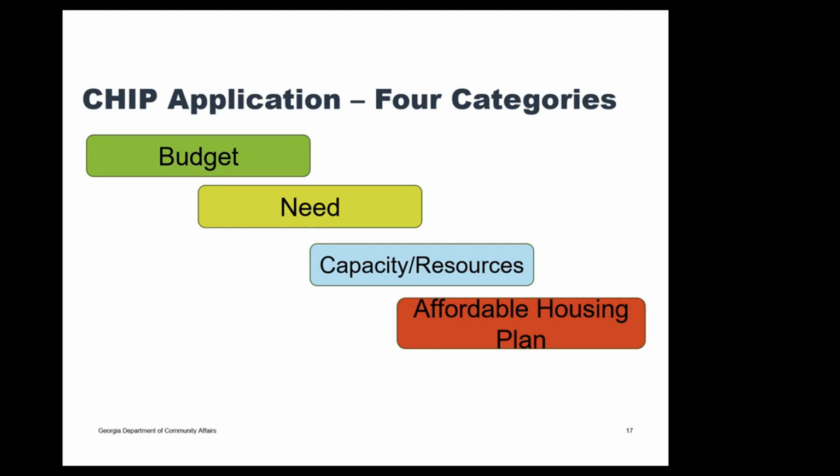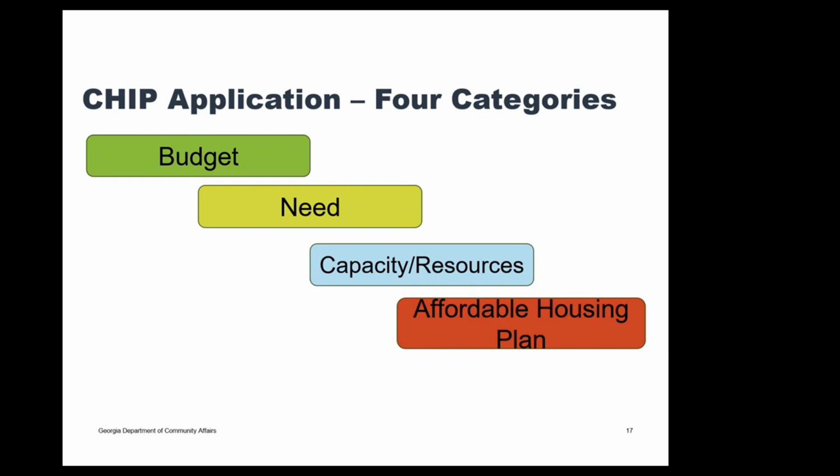So our CHIP application, getting into the nuts and bolts of it. We look at your budget for owner occupied, but we're not holding it against you if you do not have funding available. So when I say don't hold it against you, there are no points added or taken away for not having additional funding, because we understand that with owner occupied housing, there's no sale at the end.